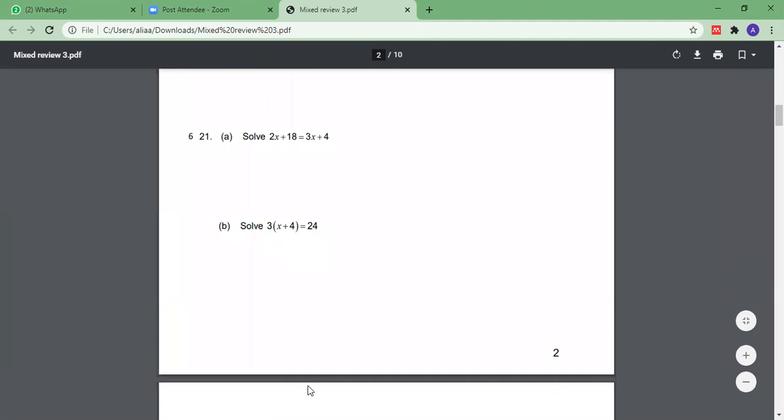Okay, solving equation, two steps equation. It's not two steps, I mean an equation with x on two sides. As we know, we need the answer to be x equal a number, right? Okay, how to bring the x's on one side and the numbers on the other side? Okay, 2x, I will write it as it is.